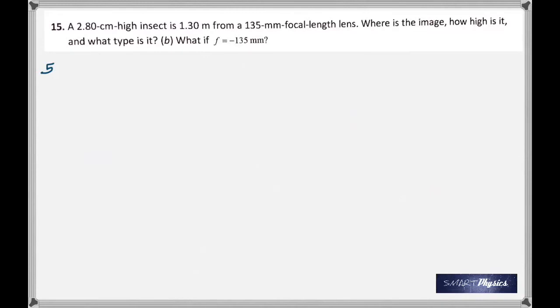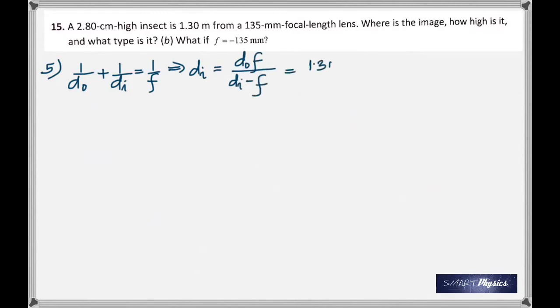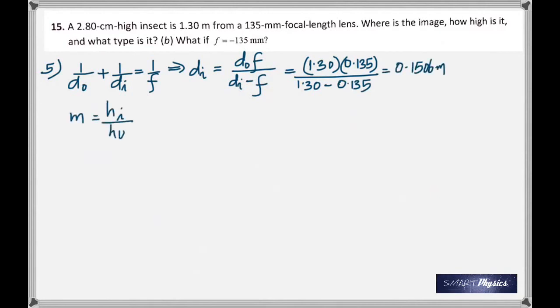Okay, here the object is 1.30 meter away. Focal length is 135 millimeter. You got to find DI. And to find the magnification, use the two formulas. Make HI the subject.